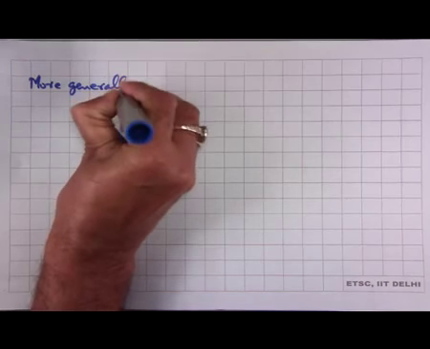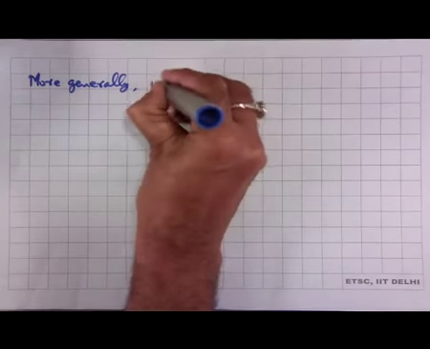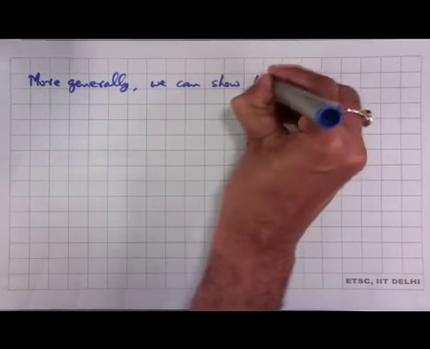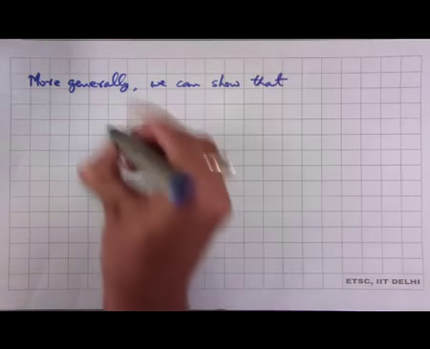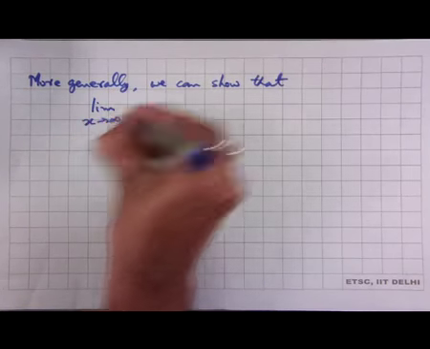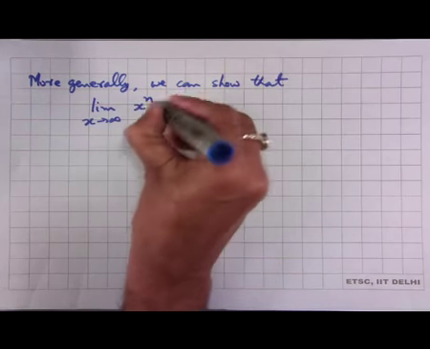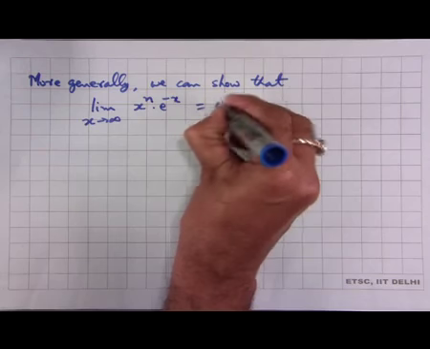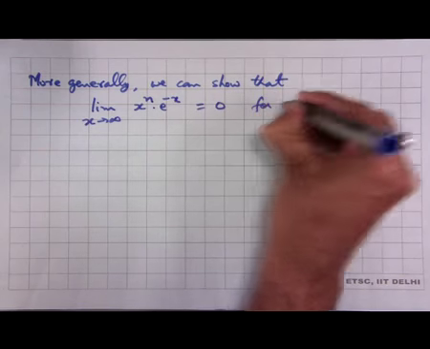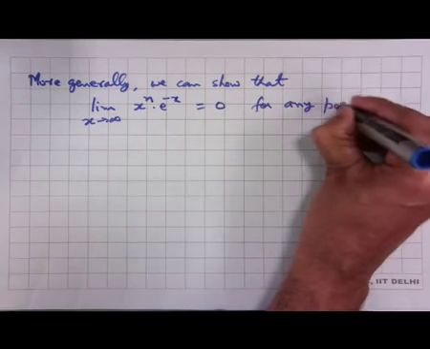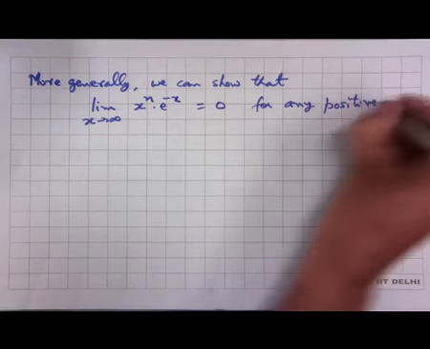So, more generally we can show that limit of x going to infinity of x to the n times e to the minus x, this is equal to 0 for any positive integer n.